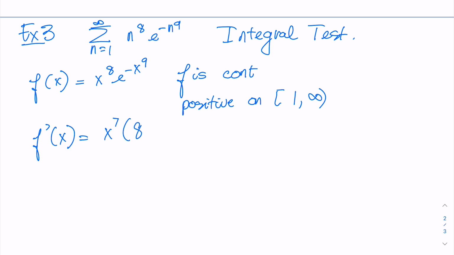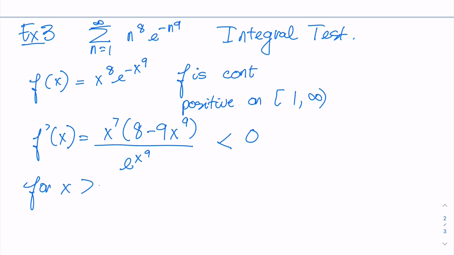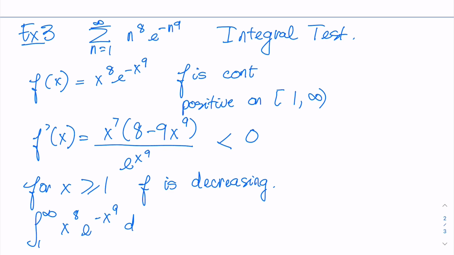After you take the derivative, this is the function, with e to the x to the ninth power. This one right here is going to be negative. So for x greater than or equal to 1, f is decreasing. So we're going to have to take the integral. I'm going to take the integral from 1 to infinity of x to the 8th power e to the negative x to the 9th power dx.